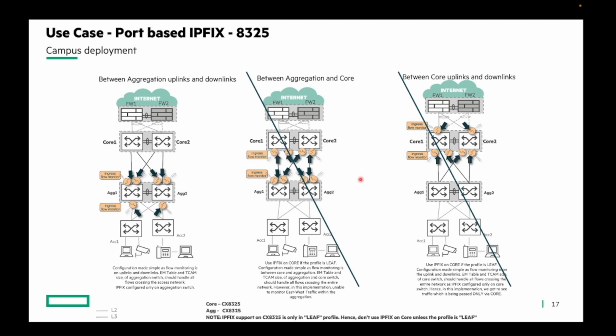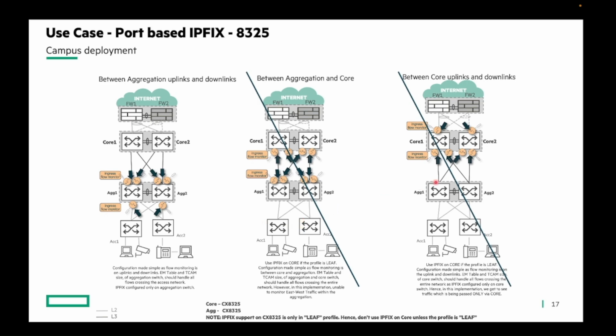So assuming that you are using the leaf profile on the core, then IPFIX is between only the aggregation and the core. Although the configuration is simple, monitoring is done at a very simple level, and you are getting all the aggregation layer traffic seen on the core, right? In this implementation, the drawback would be that you won't be able to monitor east-west traffic within the aggregation, right? Because access layer information is not there.